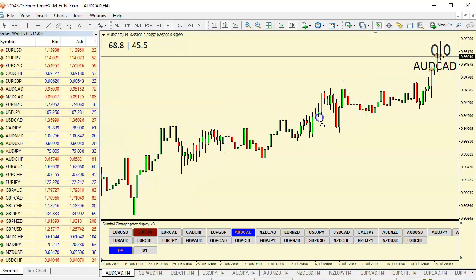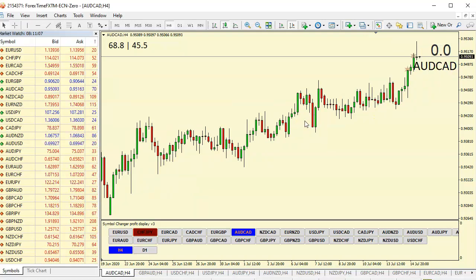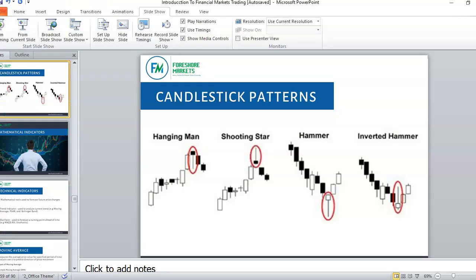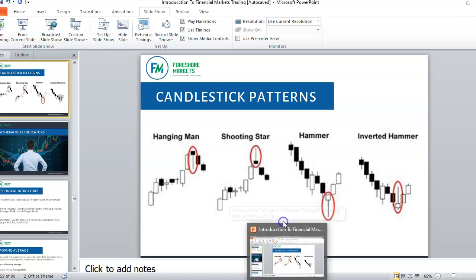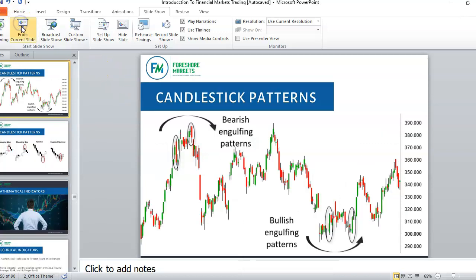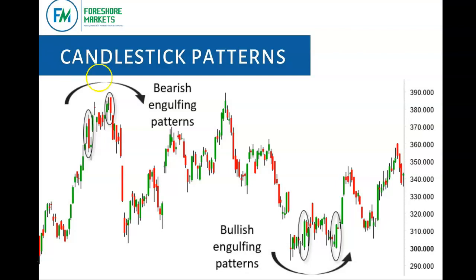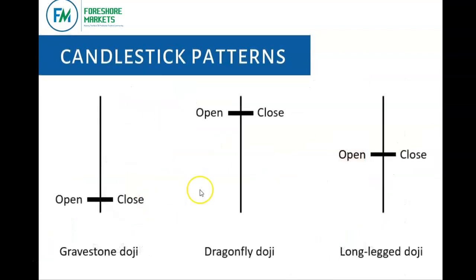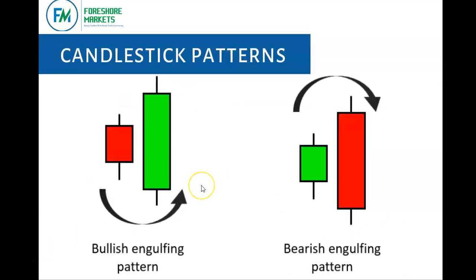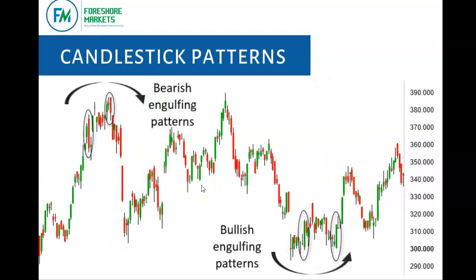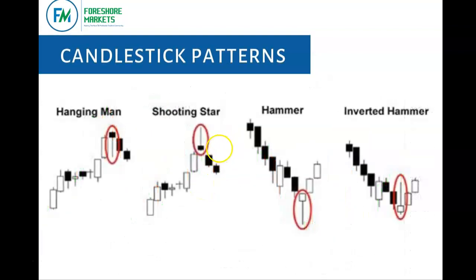I want you to go on Google, search it, download the Candlesticks Trading Bible, and master as many candlestick patterns as possible. But as a beginner, I recommend you stick to these major patterns, the most prominent ones, which are the dojis, the engulfing patterns, and the major hanging man, shooting star, hammer, and inverted hammer.